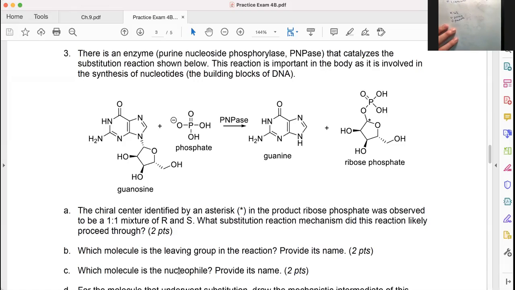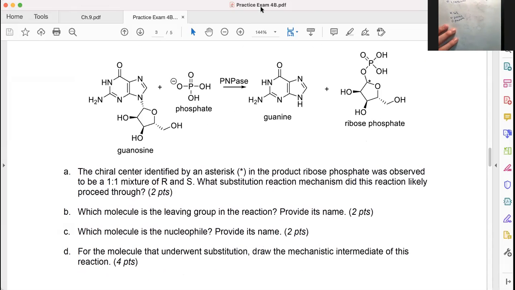Okay. D, for the molecule that underwent substitution, draw the mechanistic intermediate of the reaction. Well, we said we have a one-to-one mixture, which probably means racemization happened. So we had a carbocation. That's probably the intermediate they're talking about. And if we look back to our original starting structure, the rate determining step was probably dependent on guanine leaving by itself.